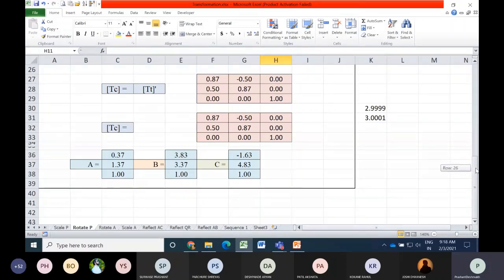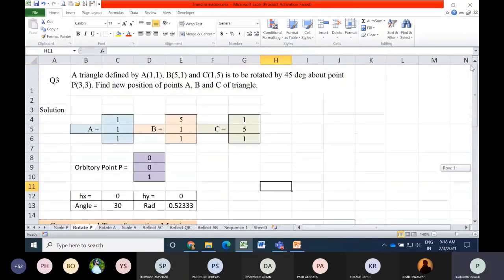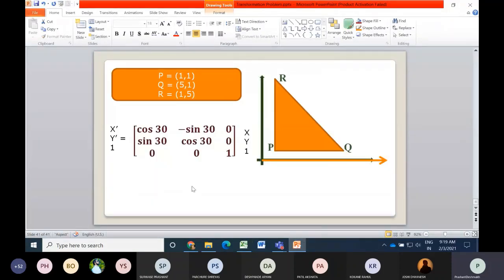Clear? Now we will solve one problem where we want to rotate about any arbitrary point. Let's first discuss the problem.